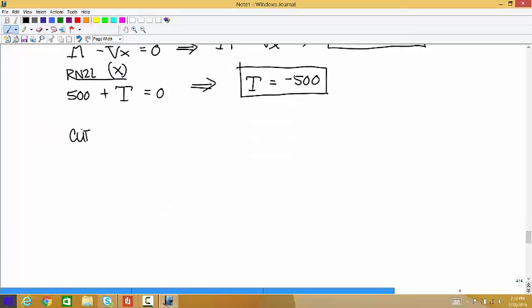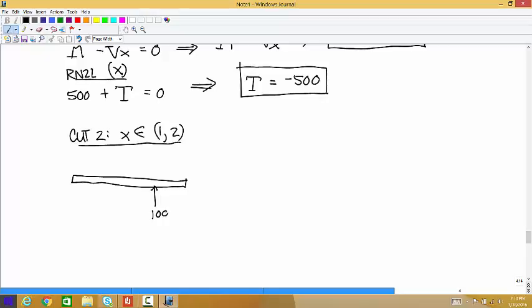And then the second cut is valid for any x between 1 and 2. So we always include everything from the left endpoint. Now we've gone past where that upward 1,000 Newton force is acting. And we still have that 500 Newton torque. And then the internal loads.